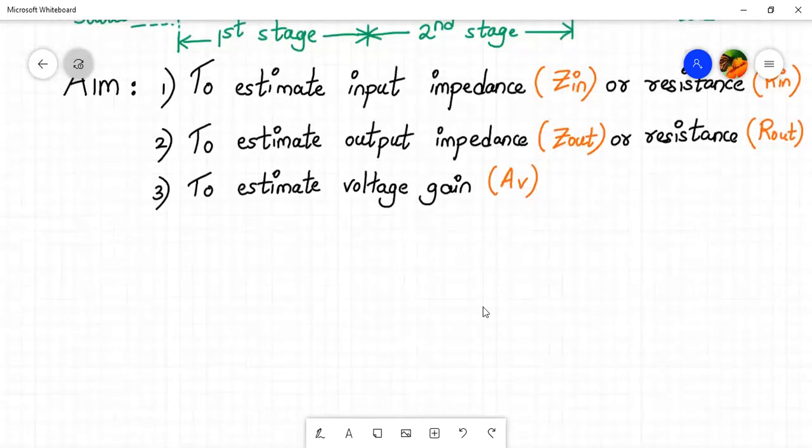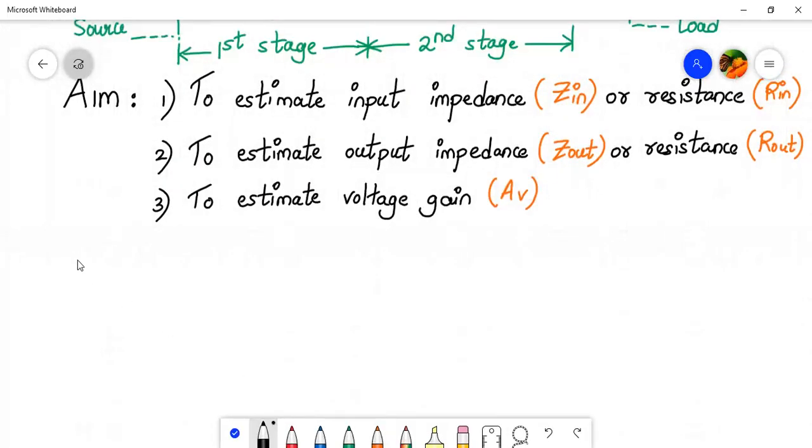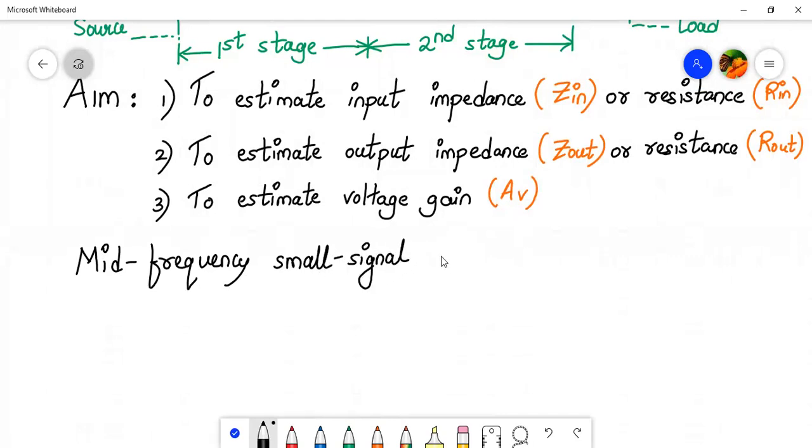Next, we have to draw the mid frequency small signal equivalent circuit. With the help of that, we can easily calculate the input impedance, output impedance, and the voltage gain. So now in a moment, let us start with the analysis.